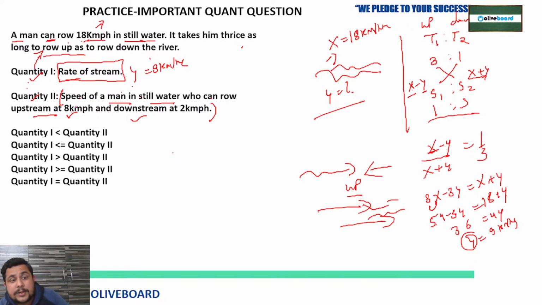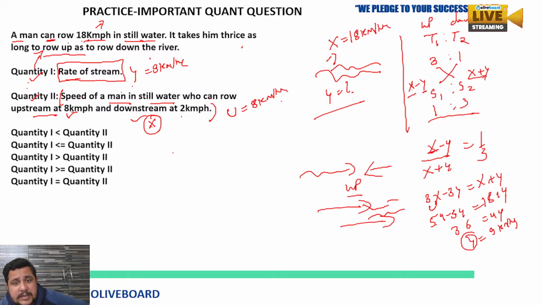Now in quantity 2 they have given us other data. The speed of a man in still water we have to find out, which means we need to find x. They have given us the upstream speed, 8 kilometer per hour. We are just taking the value as u, so u is 8 kilometer per hour.